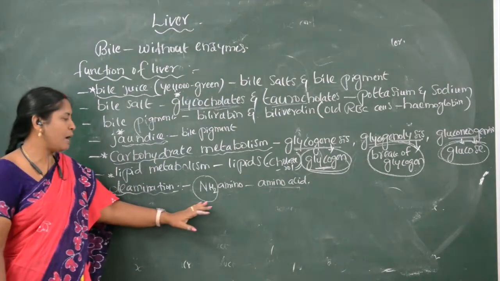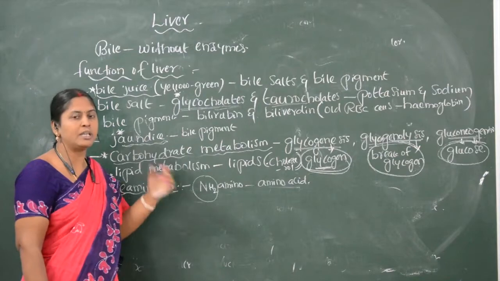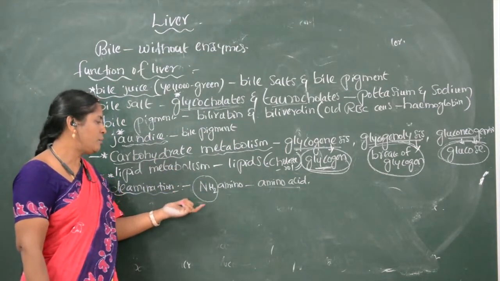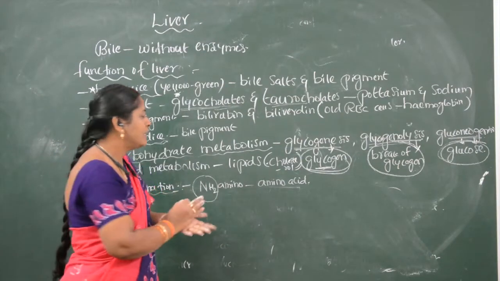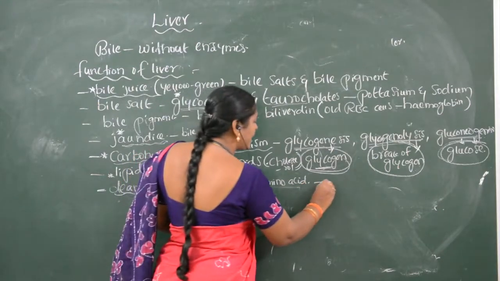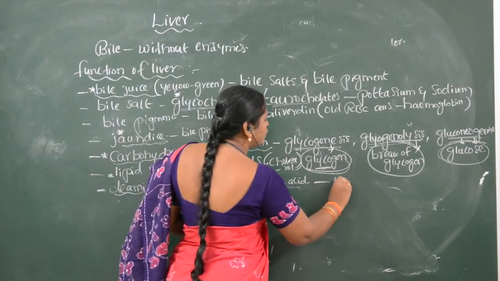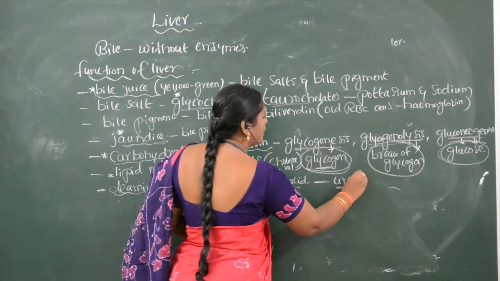In deamination, the liver plays the important role by removing the amino group from amino acid, and the amino group which is removed from the amino acid forms into urea. Important bit, children.